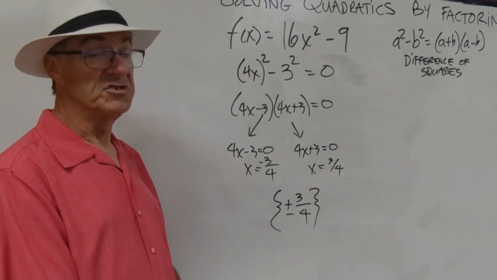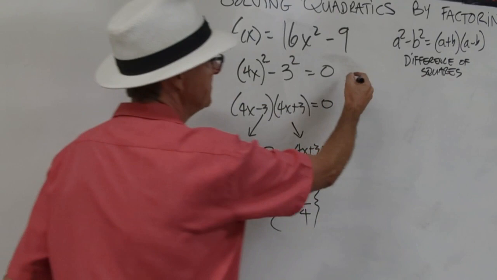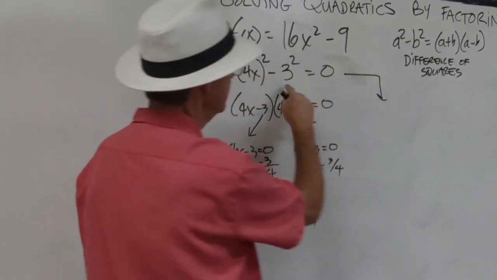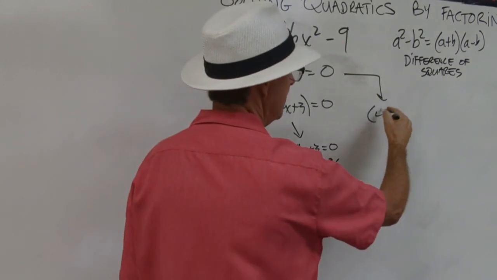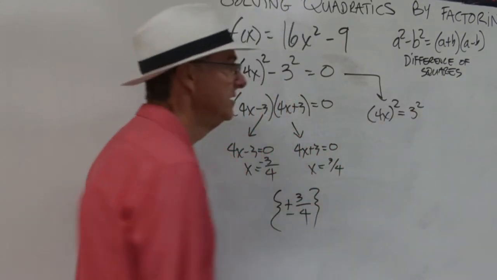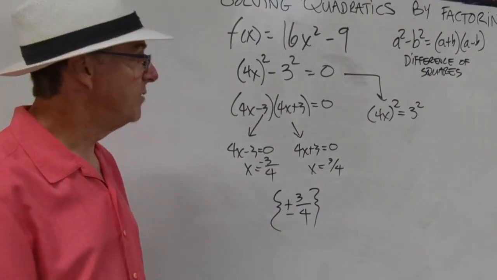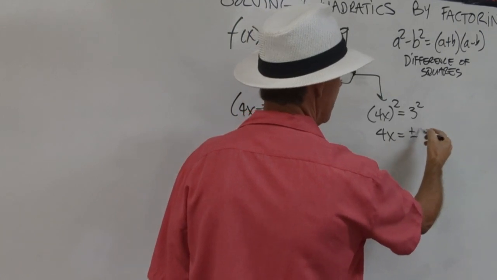Now there's another way to do this one that I think I should show you. If we go from this step, what we can do is add the 3 squared to both sides. So now I have 4x squared equals 3 squared. Now I can take the square root of both sides and get 4x equals plus minus 3.